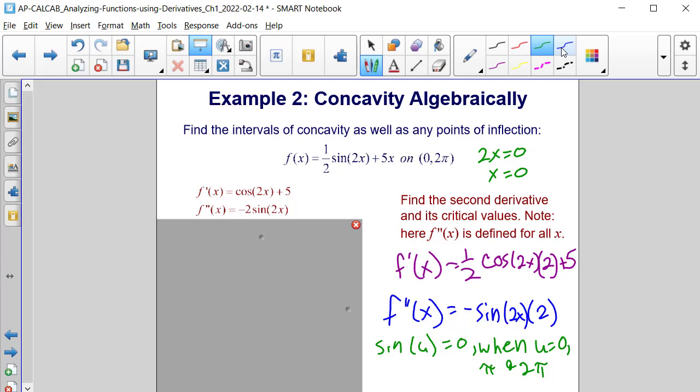We can also set 2x equal to pi. And when that's the case, x is going to be pi over 2. That does work. That's one value. Now we'll do 2x is equal to 2 pi.